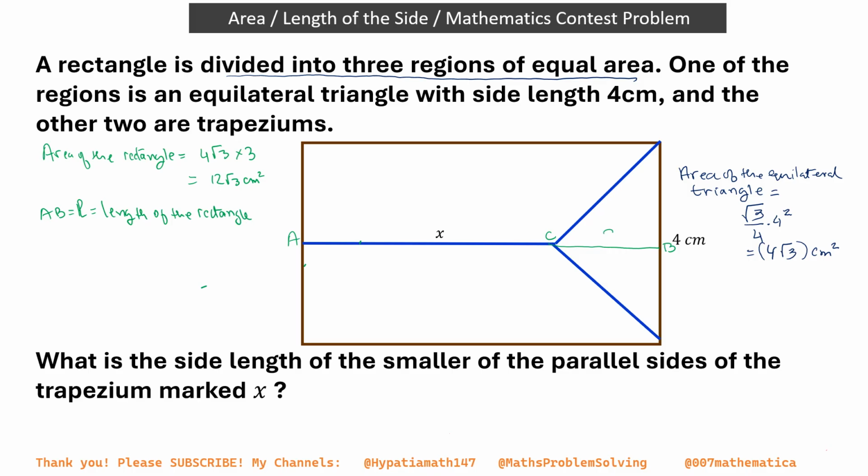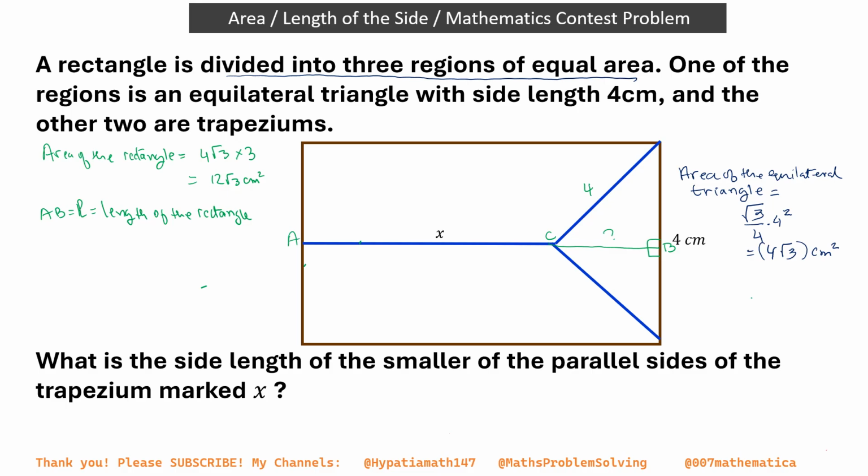We don't know what BC is, but we can find that out because, being an equilateral triangle, if BC is perpendicular to the base, that would be the height of the triangle. So I can find what BC is.